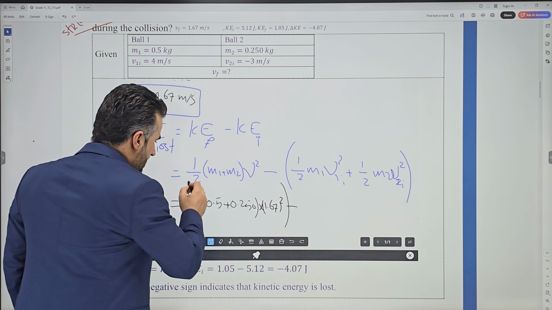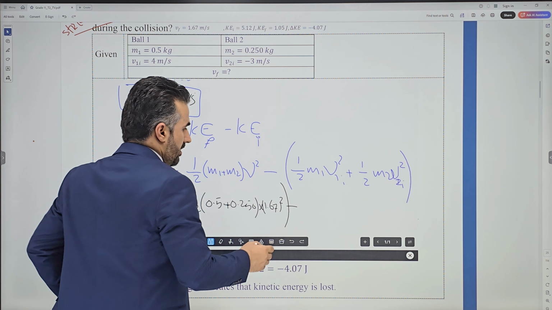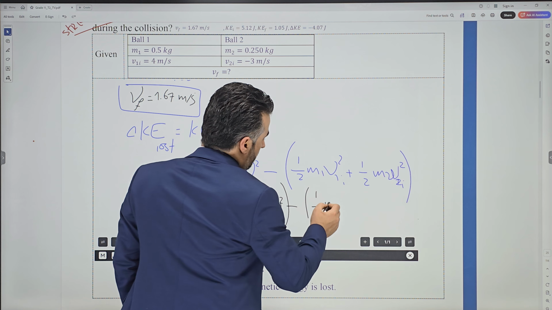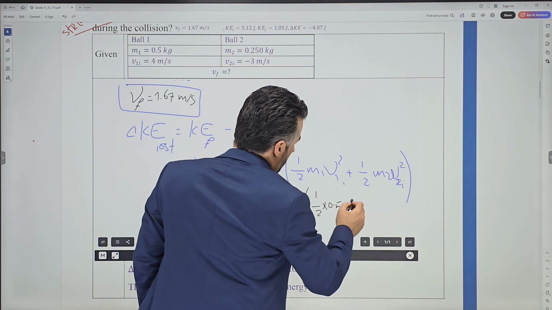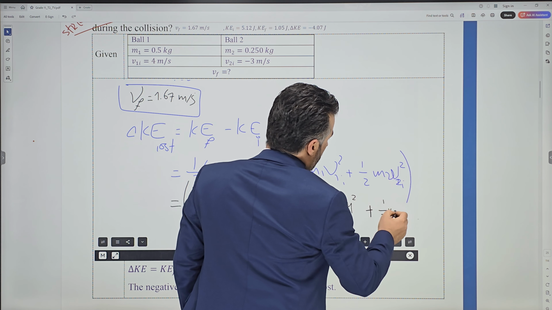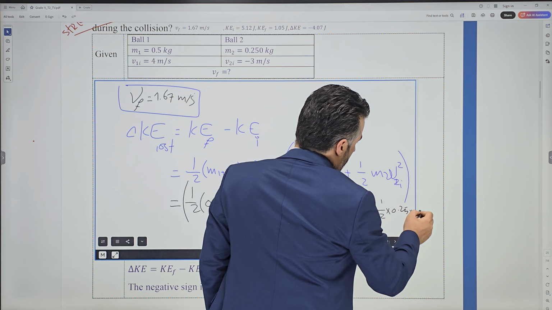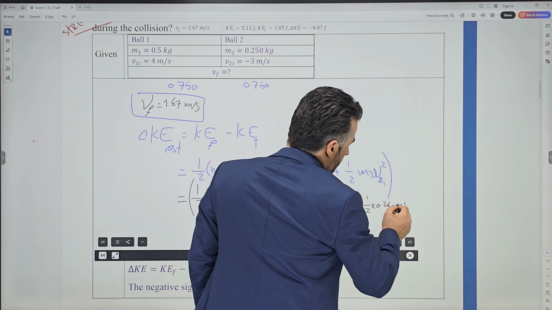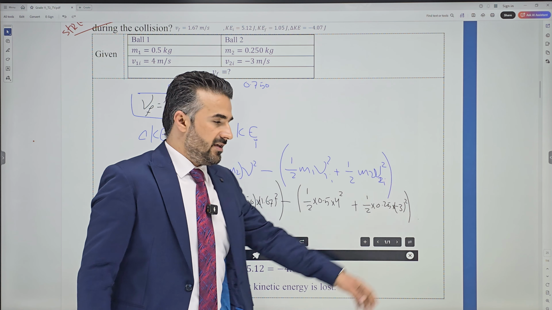It is best if you do each part at a time so that you don't have to put all these numbers into the calculator at once. Minus 1/2 times mass one, 0.5, times velocity 4 squared, plus 1/2 mass two, 0.25, times v initial, which is -3. Once you square -3, it still becomes positive, so even if you don't write the negative, that is totally fine.